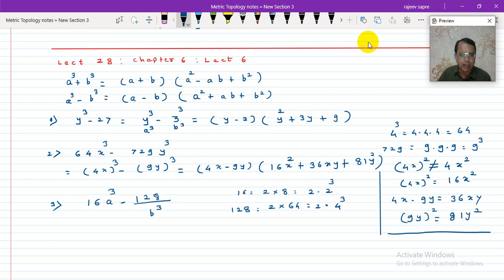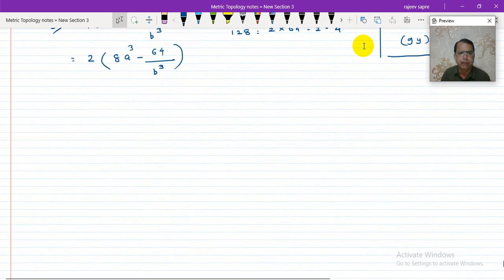So what I can do from this problem, 2 I can take common, and then this 16a cube I will write as 8a cube, and this will be minus 64 upon b cube. Now I know that this term you can write it as 2 into bracket.